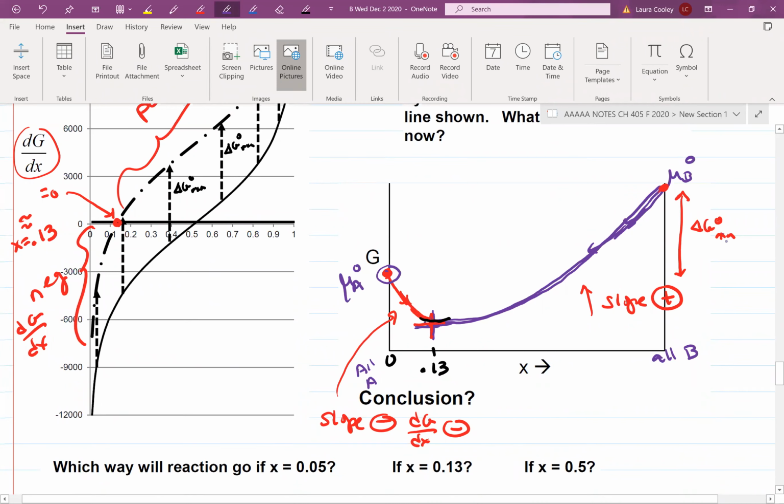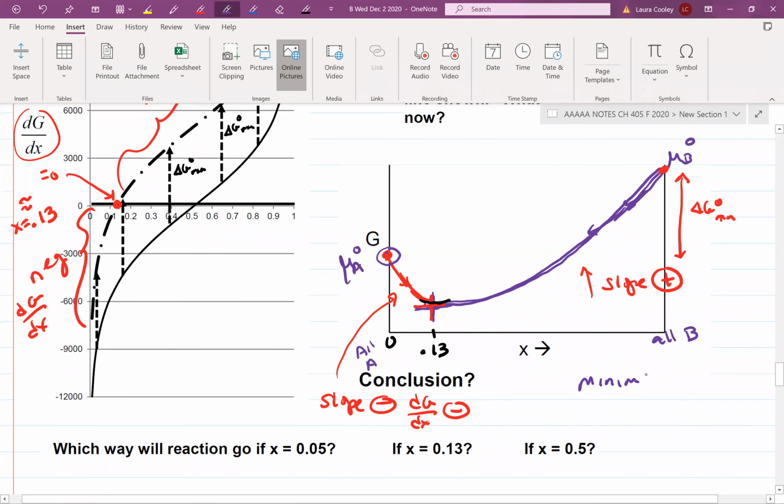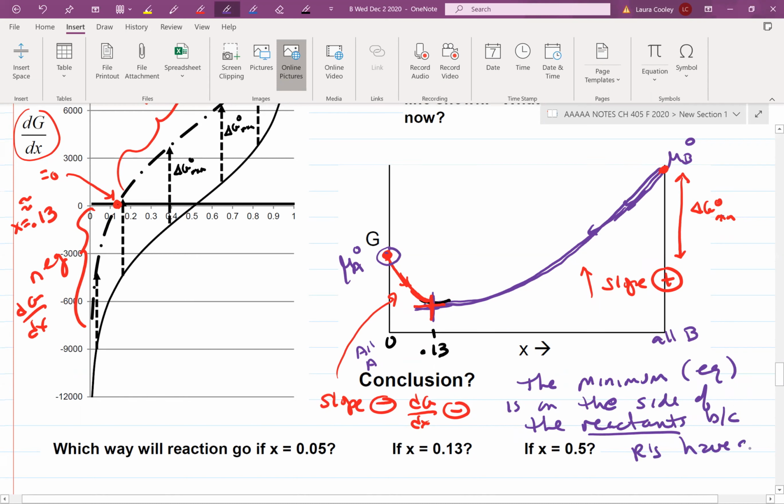And so the delta G0 is that difference. And we have a minimum. So the minimum, the equilibrium, is on the side of the reactants. And that's because the reactants have a lower mu 0.